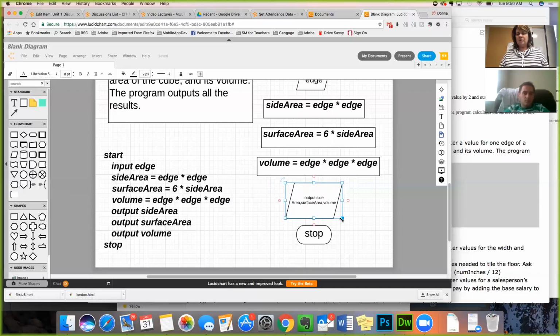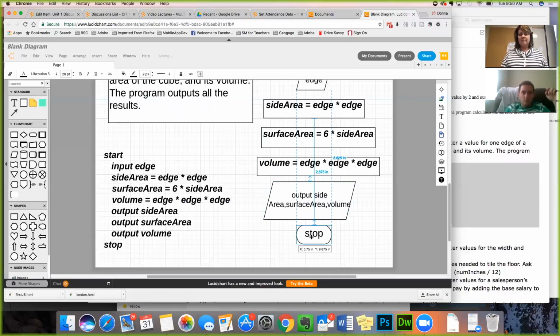Now, the thing that I always like to remind students of that is important is that whatever variable name you start out with, it's really good, and later on you'll see how important it is, that you keep the variable name the same through all of your planning tools and whatever language you're coding in, whether it's Python, JavaScript, whatever it is.